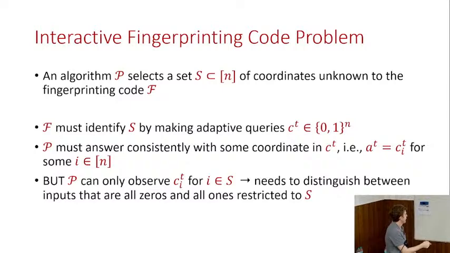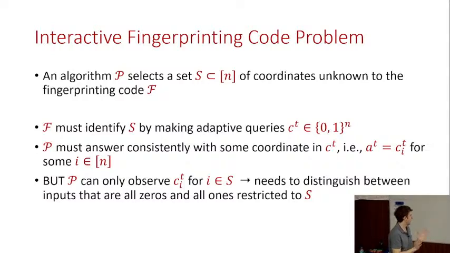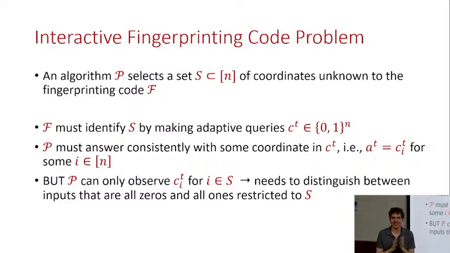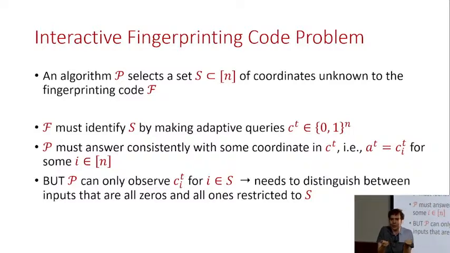So this algorithm P only observes the query for the coordinates i in S. And so, if it sees all zeros in S, it better output 0 because outside of S might be all zeros. If it sees all ones in S, it better output 1 because outside of S might be all ones. If it sees some mix of zeros and ones in S, it can output whatever it wants.